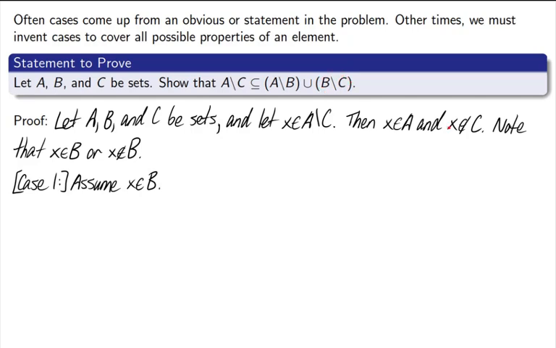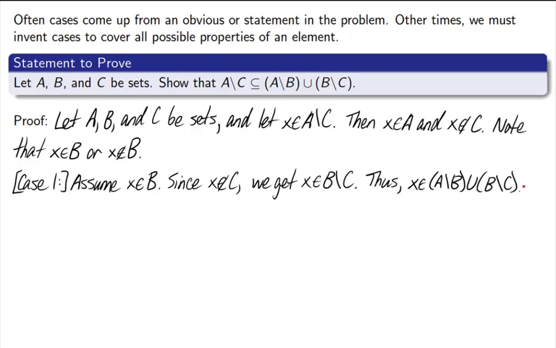Now you'll notice that x is not an element of C. So what I have then is x is an element of B and x is not an element of C. That means x is an element of B minus C. Since x is not an element of C, we get x is an element of B minus C. And that's sufficient. Thus, x is an element of A minus B union B minus C.